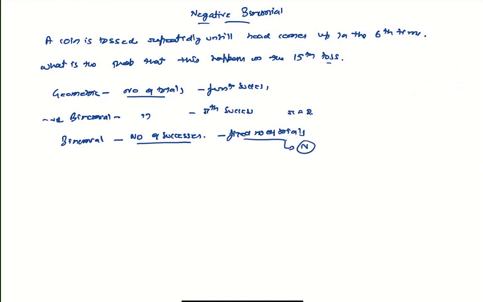Negative binomial is the distribution of the number of trials needed to get a fixed number of successes. We call that r. And here the number of trials is the random variable, which we call x. In binomial, the number of trials is fixed, which is n, and the number of successes is the random variable. So it's a big difference between negative binomial and binomial distribution.